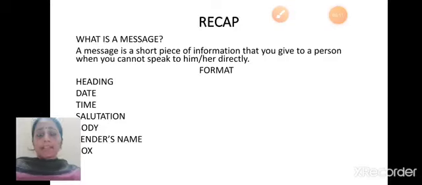Next is sender's name. So once your body is done, you will leave a line and write down sender's name. Sender's name is basically the person who is writing the message. Once everything is done, you will enclose the entire information in a box.